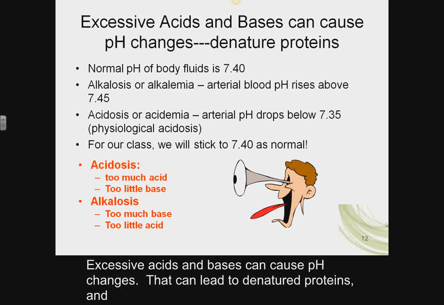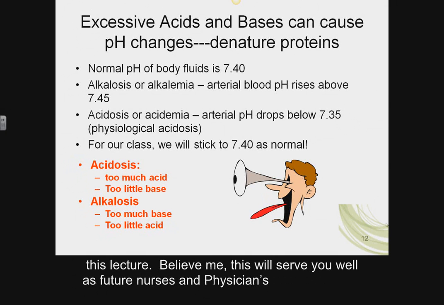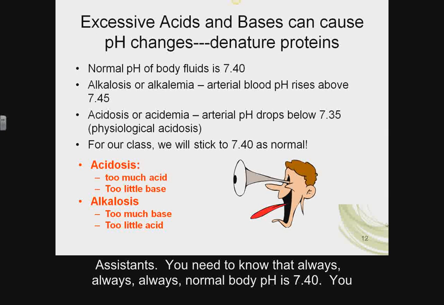Excessive acids and bases can cause pH changes. That can lead to denatured proteins, and I have addressed that already. I need you to know a few things like the back of your hand from this lecture. Believe me, this will serve you well as future nurses and physician assistants. You need to know that always, always, always, normal body pH is 7.40.